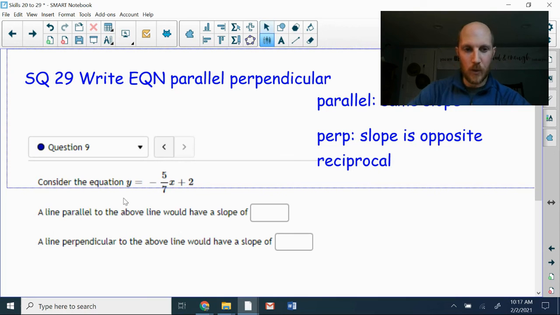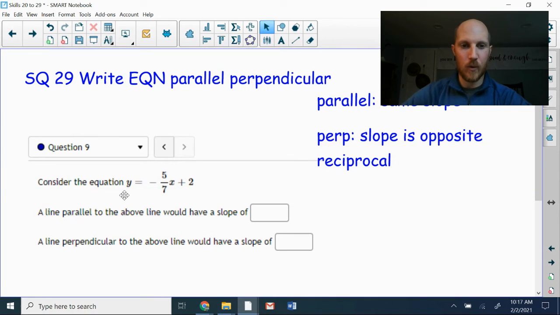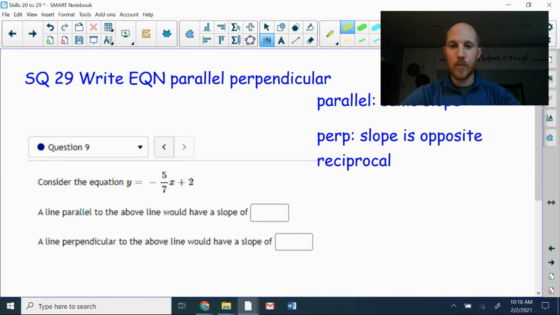Consider the equation y equals negative 5 over 7x plus 2. We need to write the slope of a line that would be parallel and then the slope of a line that would be perpendicular. So we need to identify the slope in that original equation. We don't care about anything else except just the slope.